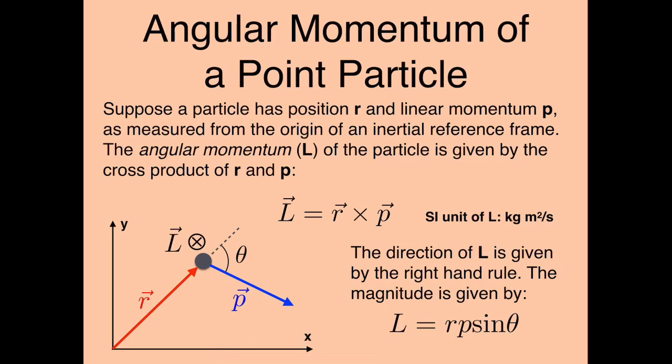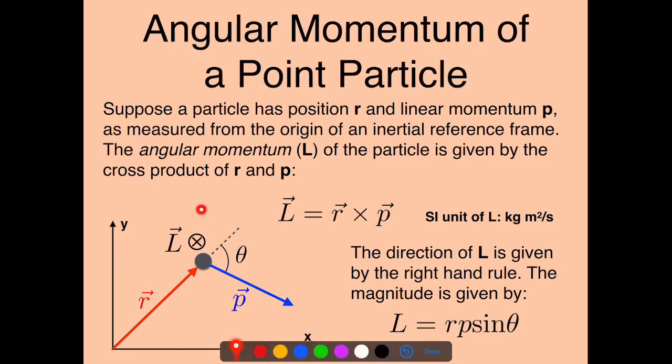So let's actually try this out using the picture that we have at the bottom of the slide here. You point the fingers of your right hand in the direction of r, so they should be pointing up and to the right. And then you curl them in the direction of p, so curl those fingers down and to the right in the direction of p. And now your thumb should be pointing into the page.